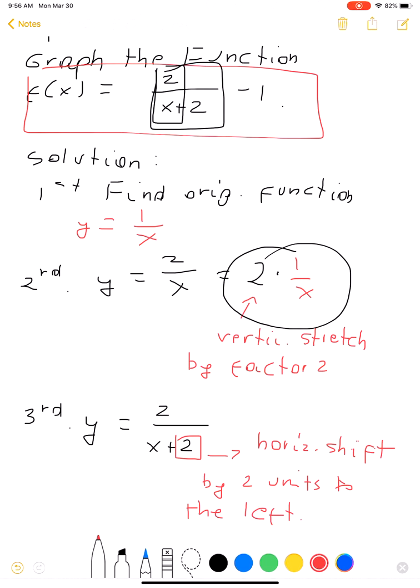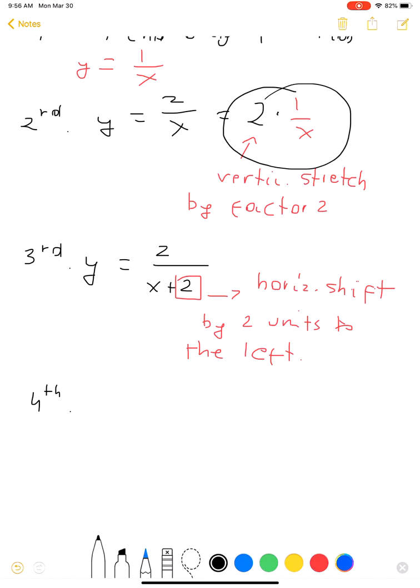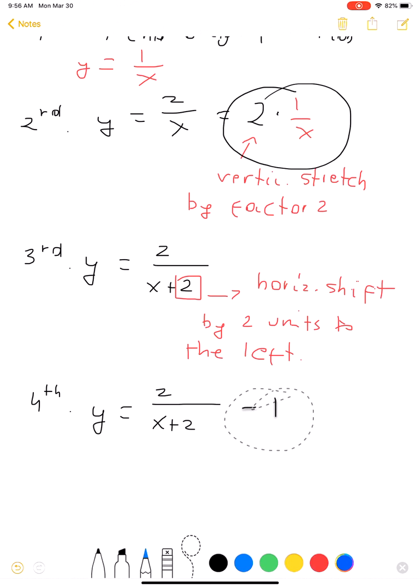Okay, and next, step 4. We're building the entire graph, which is y equals 2 over x plus 2, minus 1. This is the last part. We have that negative 1, which is standing by itself. That means the graph y equals 2 over x plus 2 has to be pushed down 1 unit.